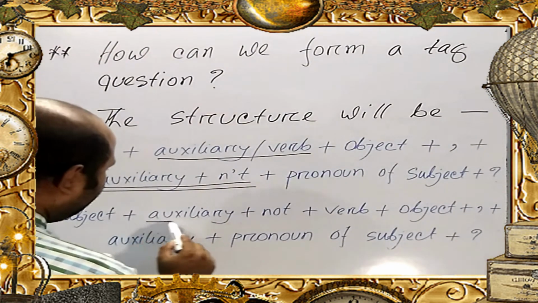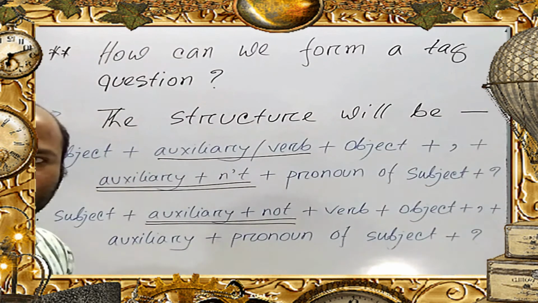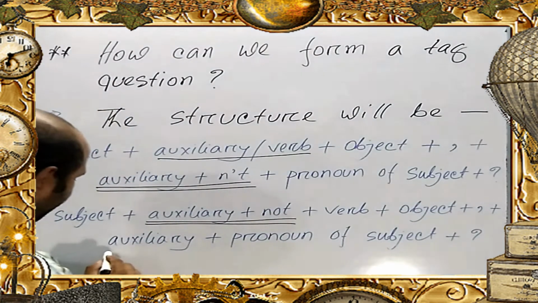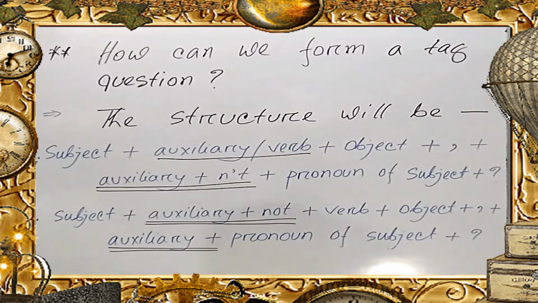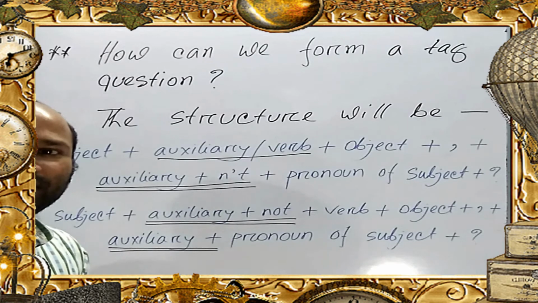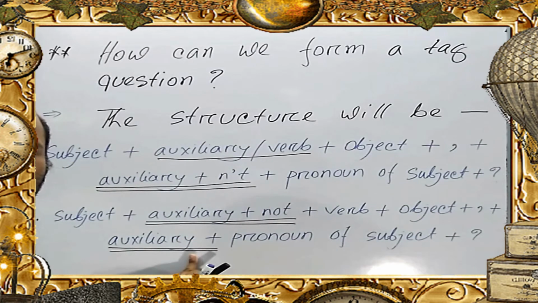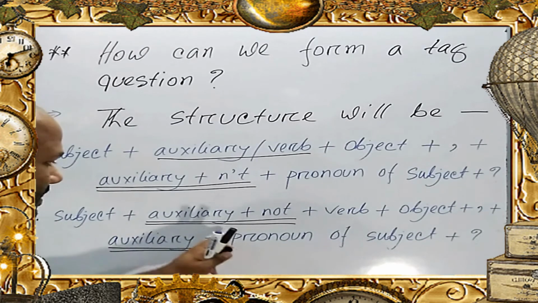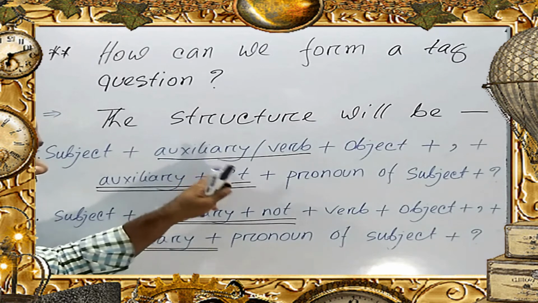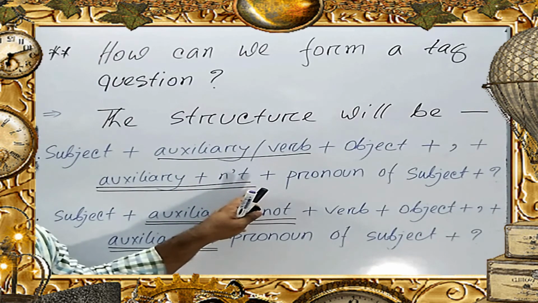Next, number two structure: subject plus auxiliary plus not. You can easily see that if the statement is negative, you have to make the auxiliary verb of the tag question affirmative. So if there is not, you should not use auxiliary plus n't. If the statement is affirmative, then you should use n't, the auxiliary negative form.